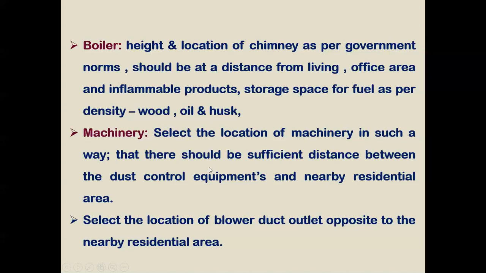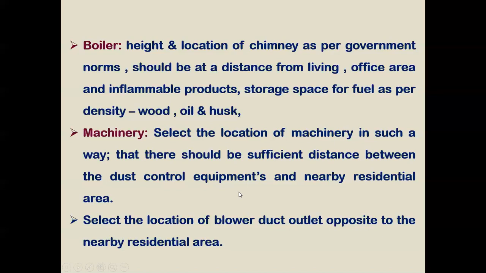Different machinery will be required, and before selection of different machinery, select the location of the machinery, where to install it. That is very much important, and there should be sufficient distance for the dust control equipment.